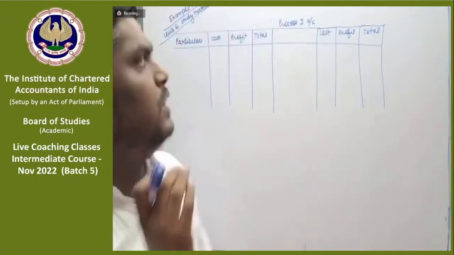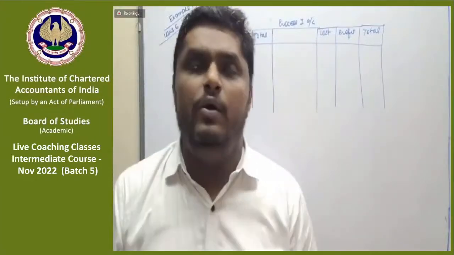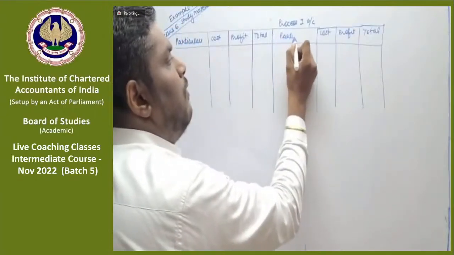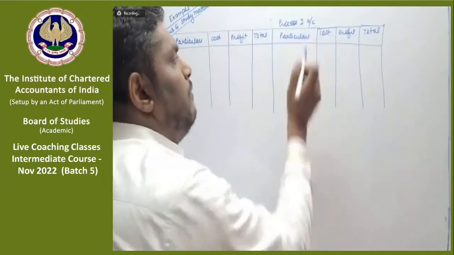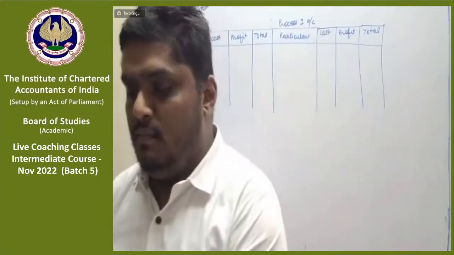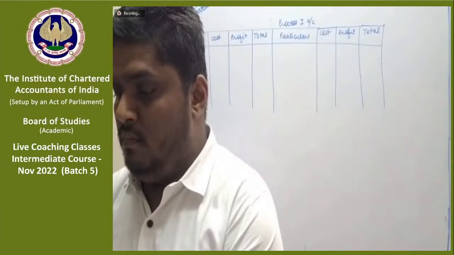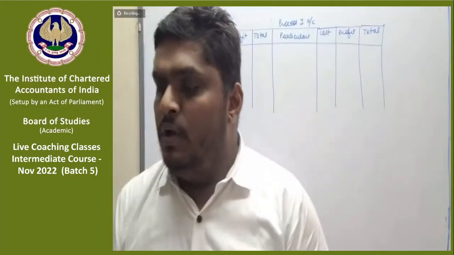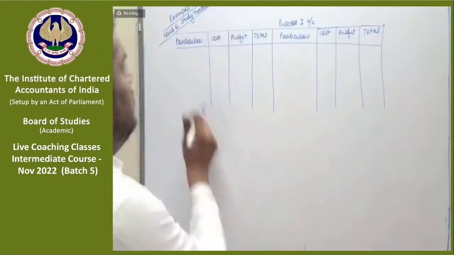That is the cost amount, the profit amount, and the total. Yes, we can say, Harsh. So let's start, guys.